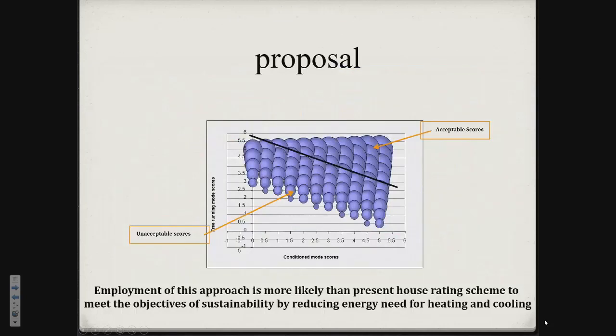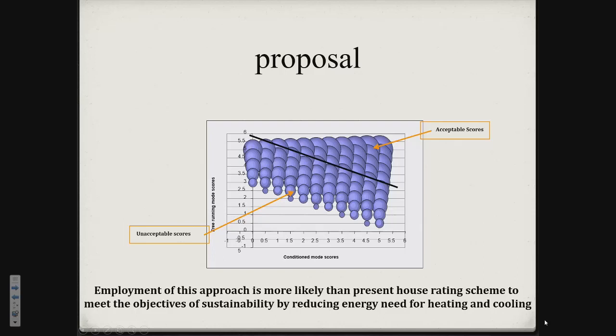The final proposal that I proposed, based on some calculation and employing some algorithm, is a method that includes multiple occupancy scenarios and includes the performance of the buildings in the free running mode and in the conditioned mode, but for different climates this line changes.